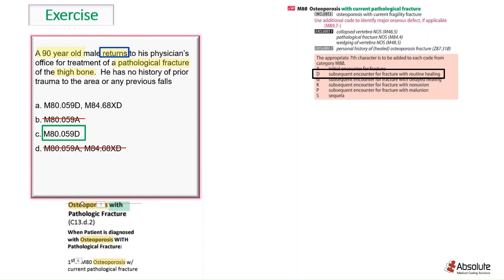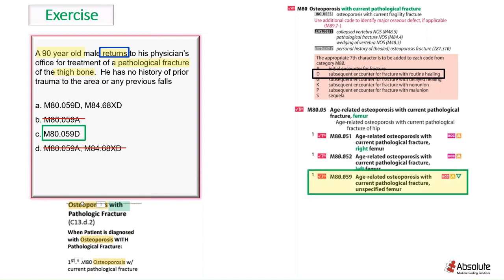Now we have to decide between C and A, and these are the codes. We have M80.059, which is coding for age-related osteoporosis with current pathological fracture, unspecified femur.